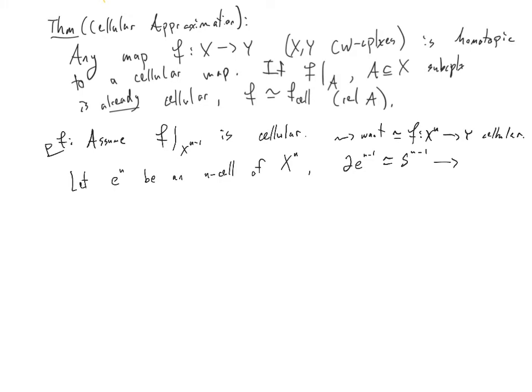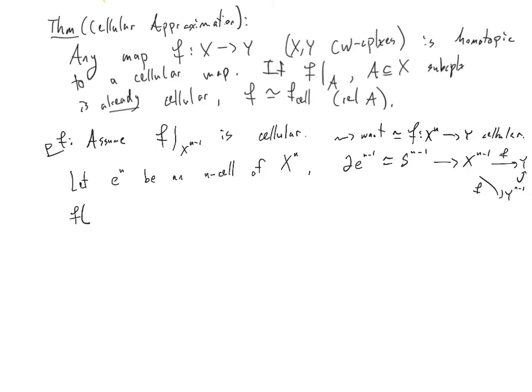This is already being attached by some characteristic map into X^(n-1), where we have this map F landing in Y, which is cellular. So this factors through Y^(n-1) living inside of Y, because that's what it means to be cellular. So we already know that the boundary of the cell lands in the n minus 1 skeleton of Y.